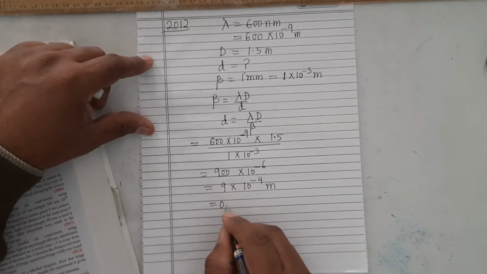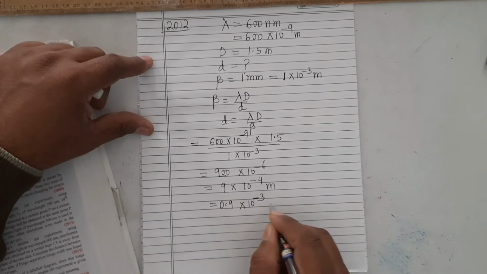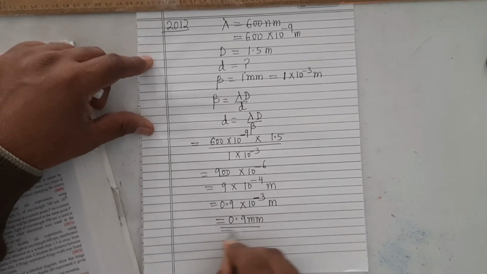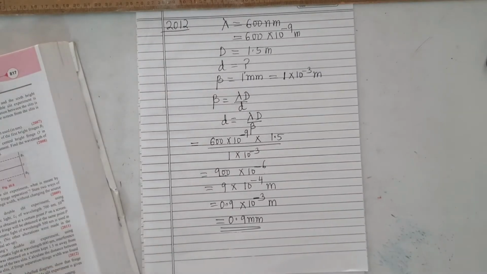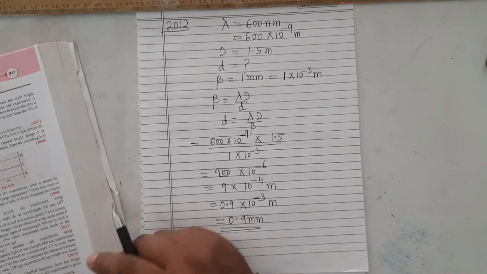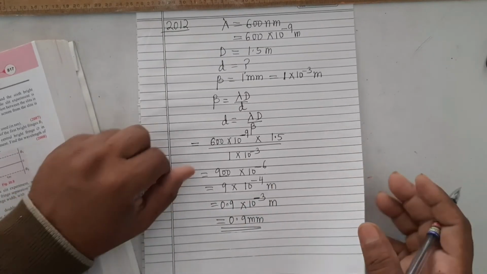So it is 0.9 into 10 to the power minus 3 meter, means 0.9 mm. It is 0.9 mm. It's clear. Means less than 1 mm. So here beta will be always very small. Then see one more question.